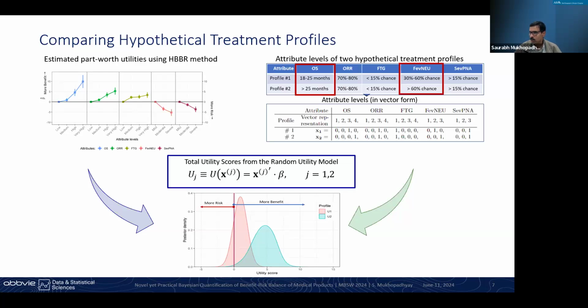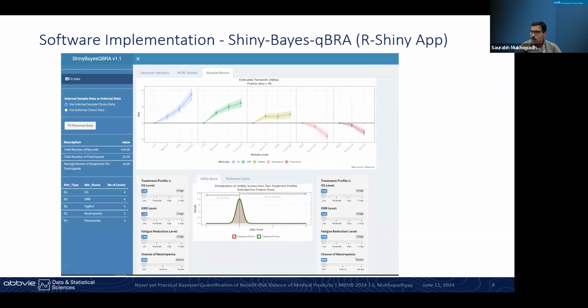So that's another utility of this method. Finally, I have Sine-based software that I plan to launch sometime. It is getting ready, and hopefully RN Pharma will give the platform to have it launched there.